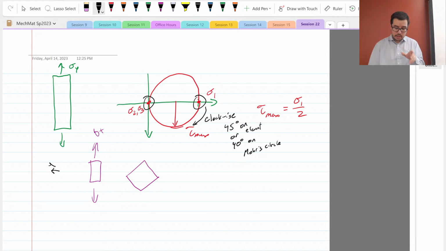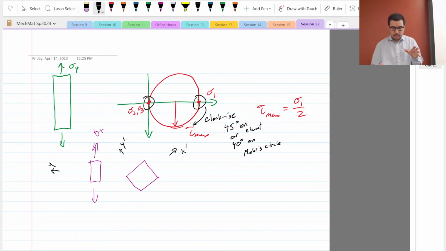So what does that mean? That means that this element has gone 45 degrees, now I have this face, which has become my sigma x, or my x prime. This is now my y prime, because that's the clockwise 45 degrees.